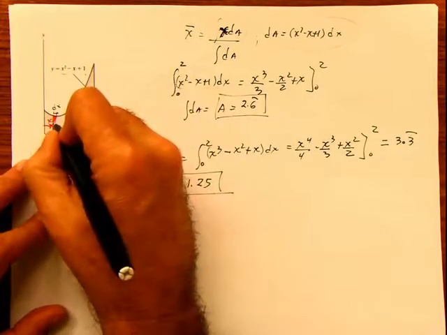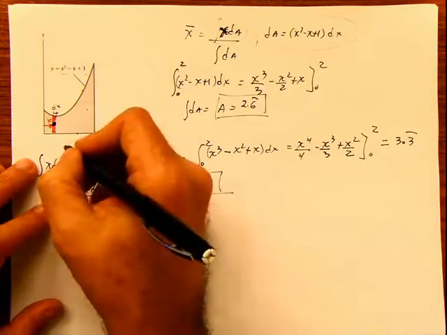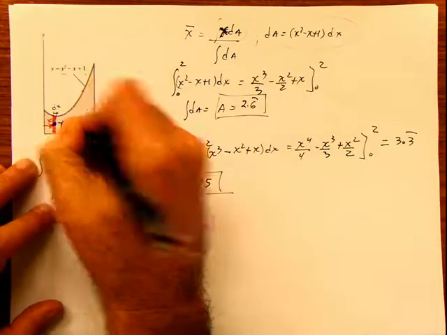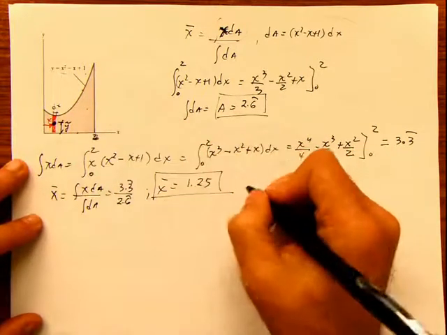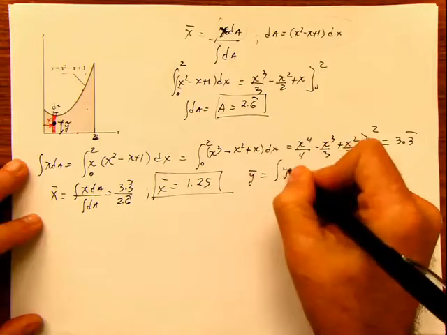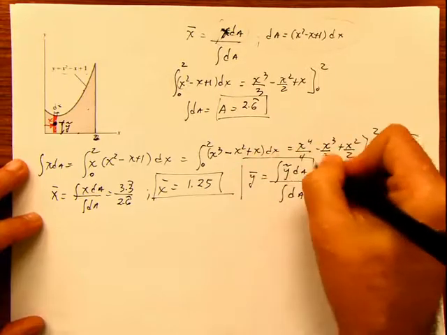Just remember that the center of that differential of area is going to be exactly the center of that line. This is the y wiggle bar. The equation for y bar is the integral of y wiggle dA divided by the integral of dA.